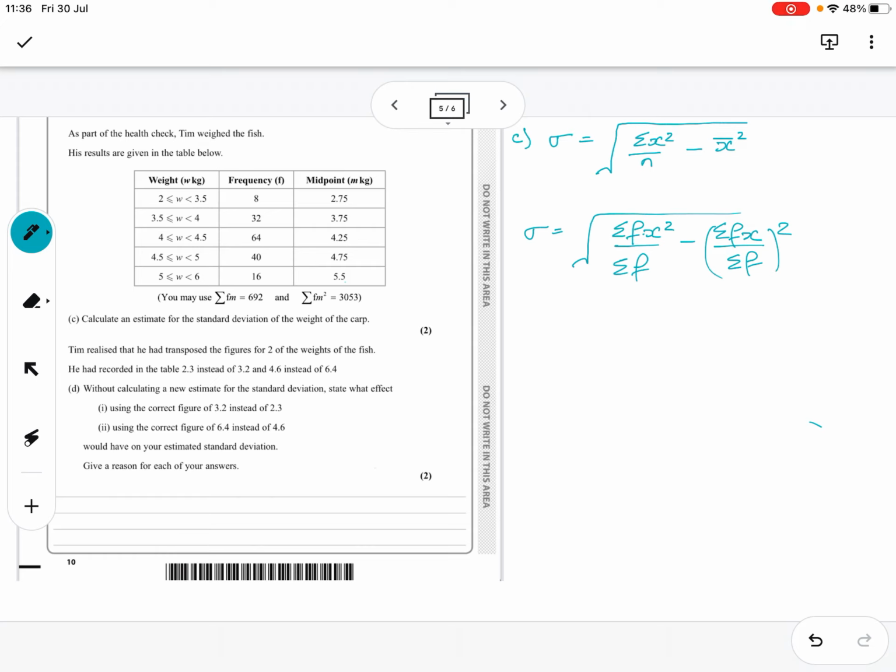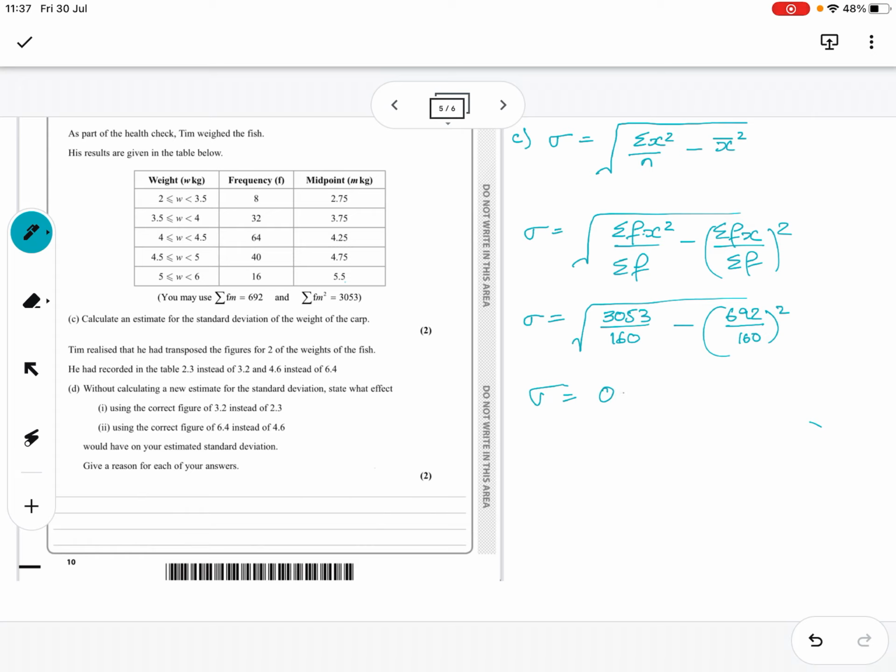But anyway, in this case we have the square root of 3053 over 160, minus 692 over 160, all squared. So you're just substituting into a formula. 3053 over 160 minus, open bracket, 692 over 160, close bracket, squared.